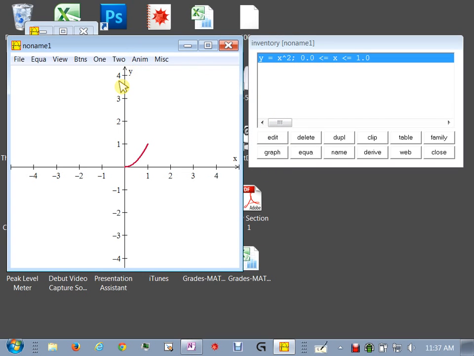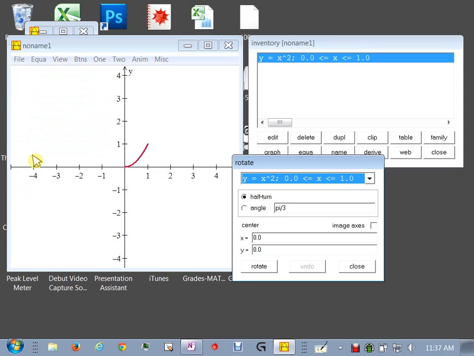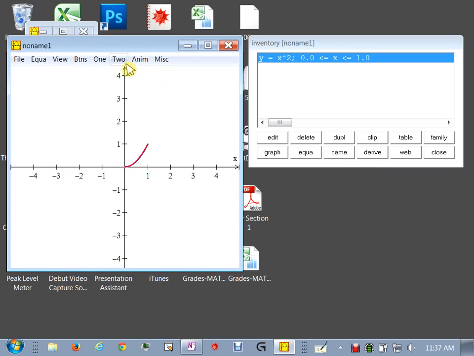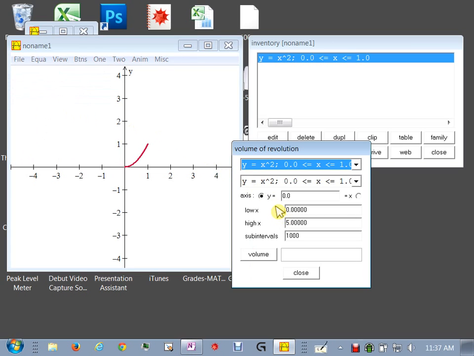Okay, so there I've got a little piece of a parabola. Okay, rotate. No. Volume of revolution. Here we go. About the y-axis.